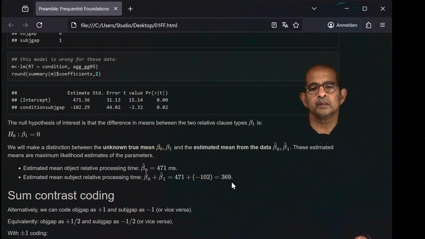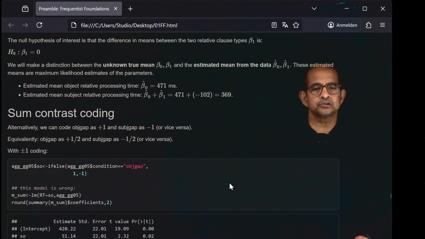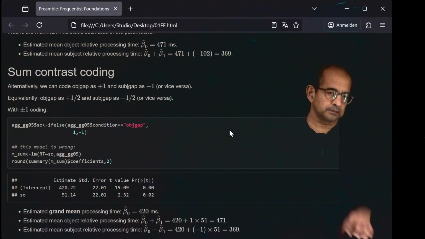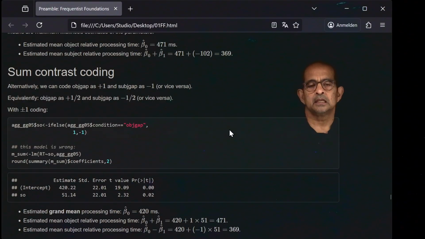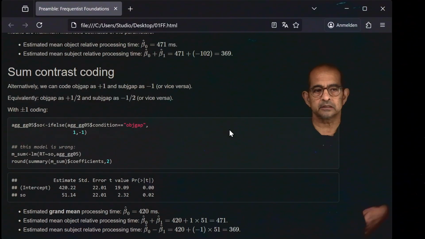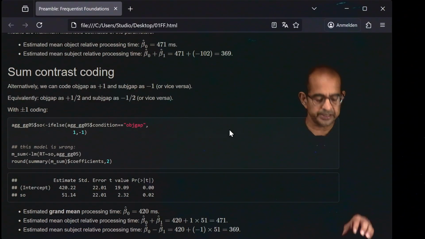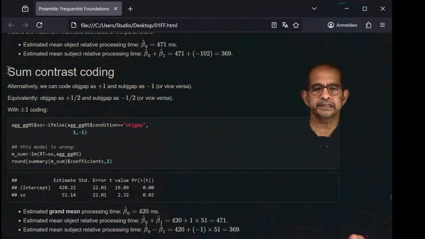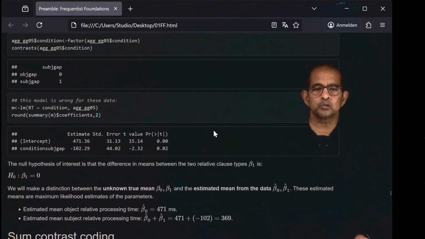Okay. Now there are other contrast codings possible, and in the course we will discuss contrast coding in great detail, but right now I just want to introduce two very important cases. The second important case is the sum contrast coding. There, instead of having 0 and 1 coding, we code one condition as -1 and the other as +1.